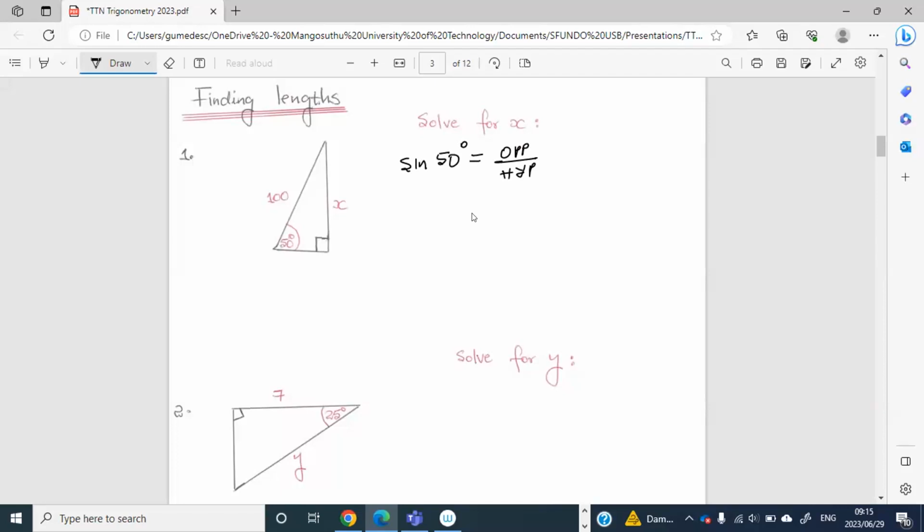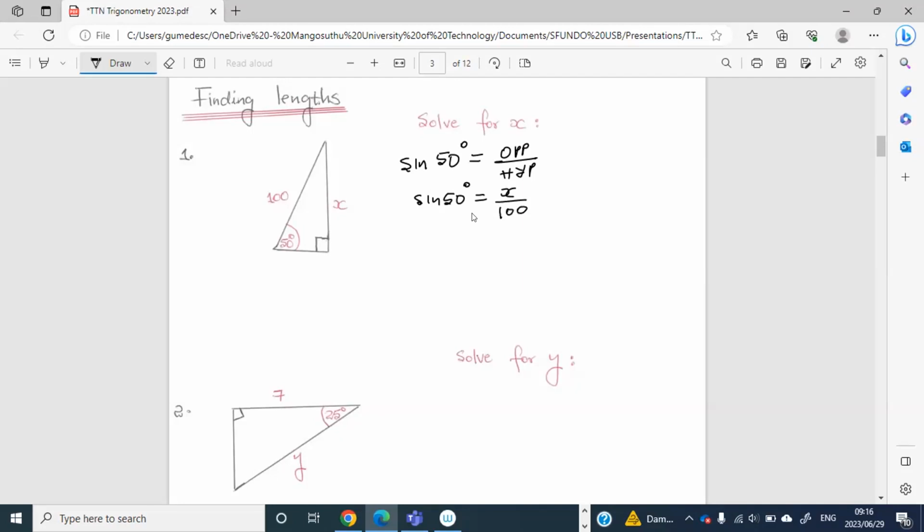That is what we have. So we say sine 50 degrees. We know our opposite is x in this case. That is what we want to solve anyway. And our hypotenuse is 100. And we want to solve for x.